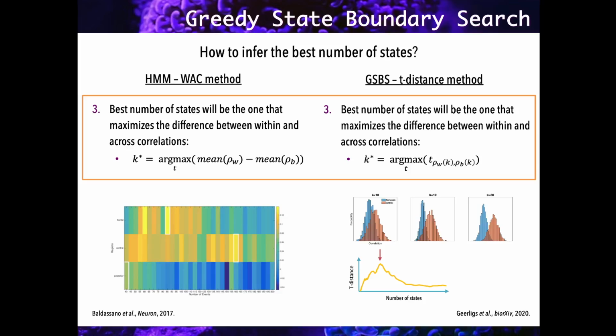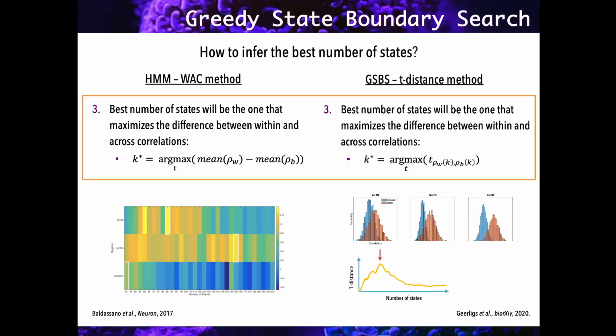However, in Geerligs et al., they show that this method can be highly sensitive to the within correlation distributions, so it can be biased by that. So what they propose is, instead of taking these averages and the maximum of the difference between the averages, we actually take the whole distributions of the data, and again, we do the same thing for different numbers of possible states, and we compute the statistic of these distributions, which is just the t-distance between the two distributions.